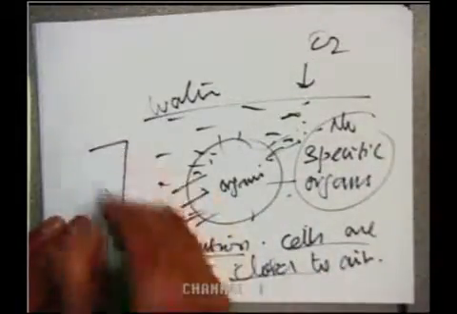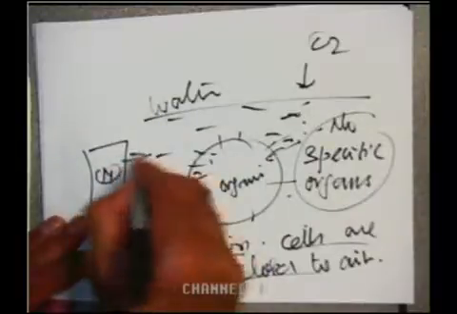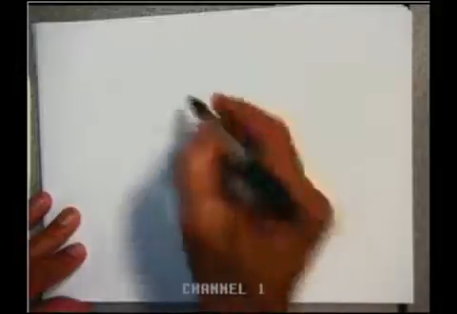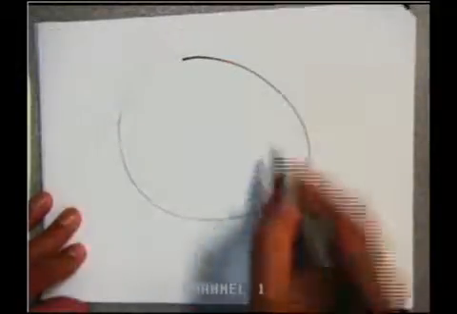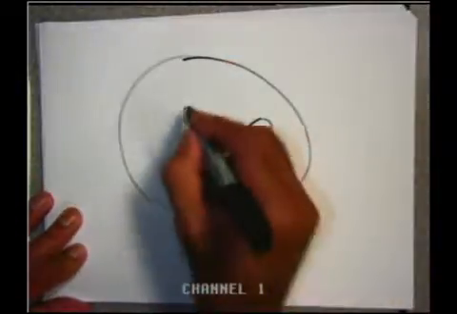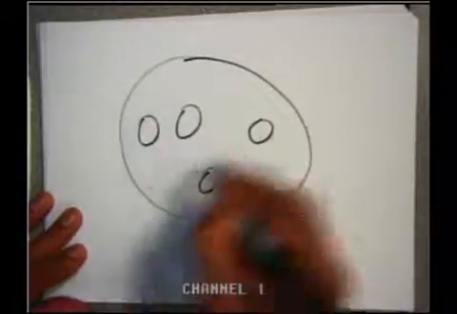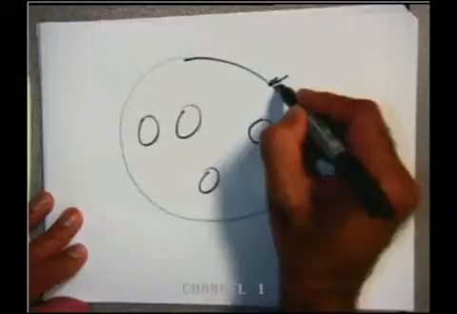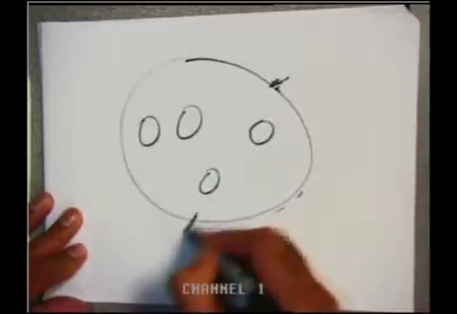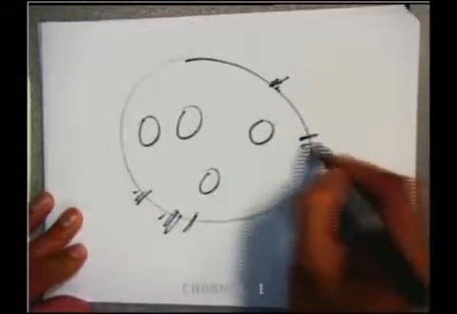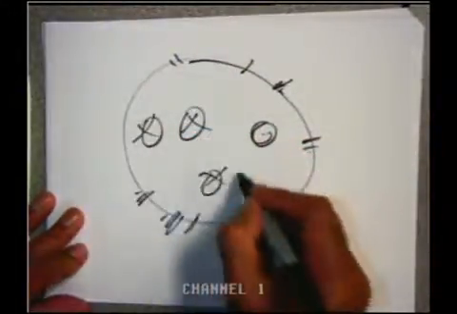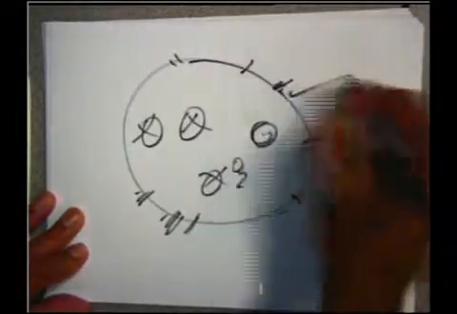Suppose this is an organism, here one organ, this is another organ, this is another organ, but the cells will contact the water or air only on the outside. So these cells can exchange if you have adaptation to that, but not this part of the organ. They won't get the oxygen. But here, yes.